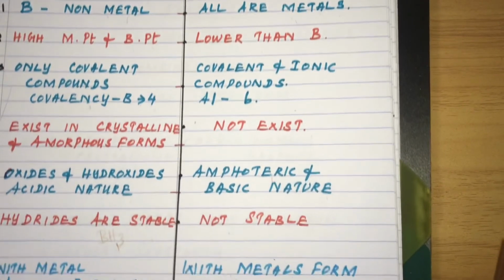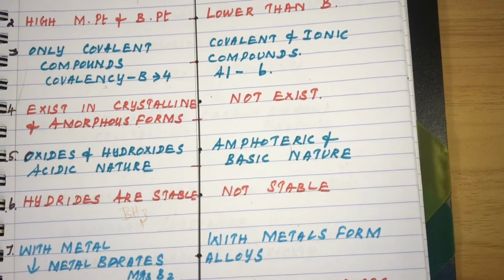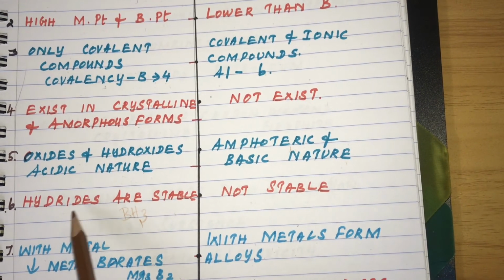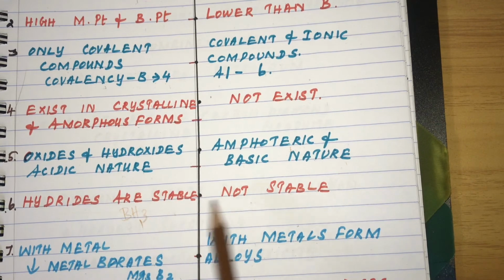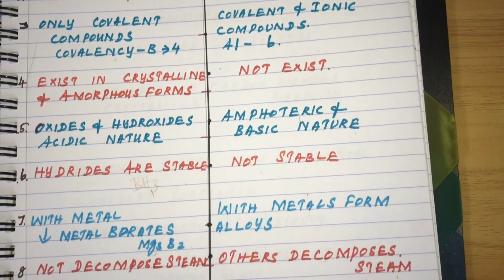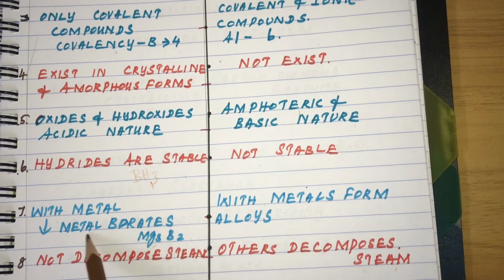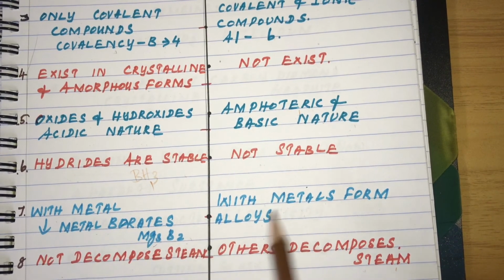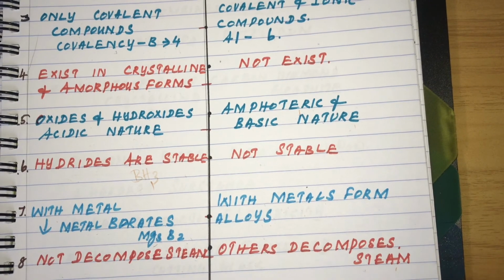Next are the hydrides of boron, the compounds of boron with hydrogen. When boron reacts with hydrogen, it forms hydrides that are very stable, but the others are unstable. Boron with metals forms metal borates, such as magnesium borate, while the others form alloys. Boron does not react with steam, while the others decompose steam.